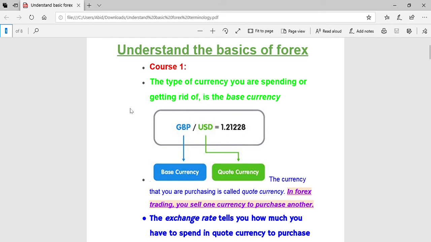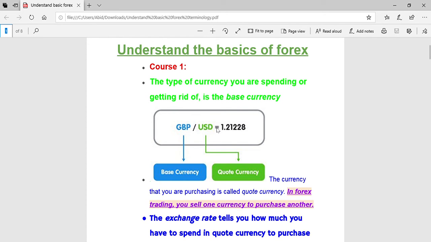Here are two currencies as an example. I put it as number one. The first one is GBP, Great Britain Pound, and there is another currency here, USD, called United States dollar. The first one is called the base currency, and the second one is called the quote currency.